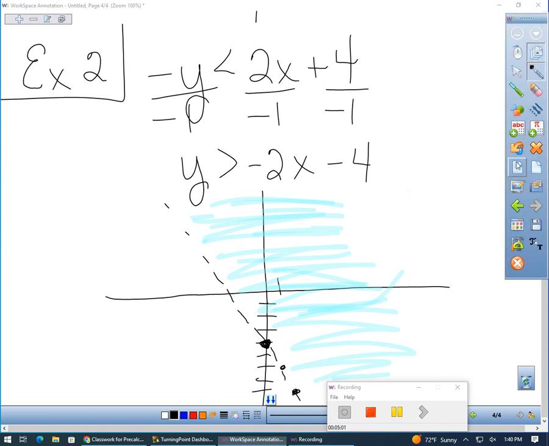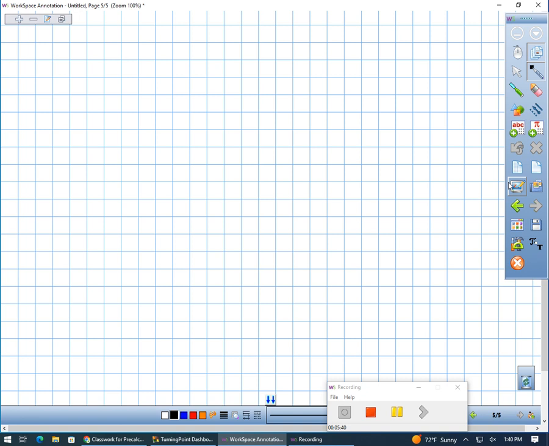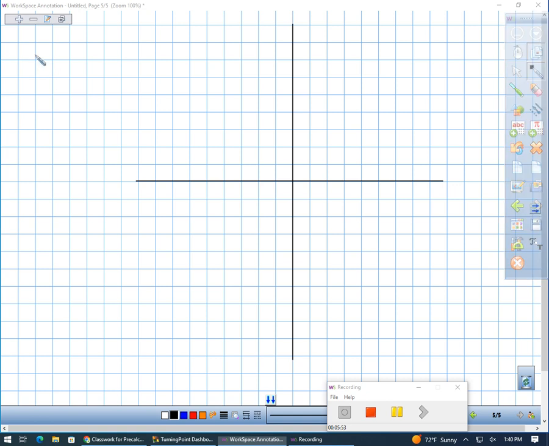All right, let's actually put it on some graph paper. Let's get a little bit better here. Yes, this will be example number 3. All right, what if I said y is greater than or equal to 2 absolute value x minus 1 plus 2.